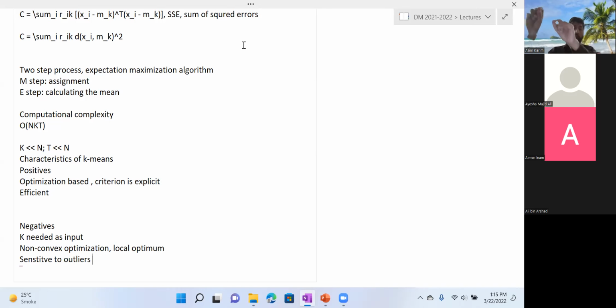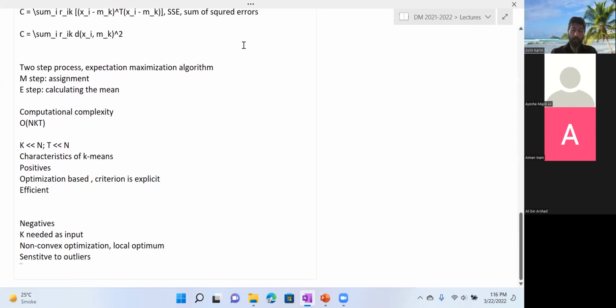It will move the center towards the outlier. So outliers would tend to impact the clustering quite significantly. Usually, before applying k-means, we would like to remove outliers. That is a pre-processing step that is somewhat recommended before applying k-means.